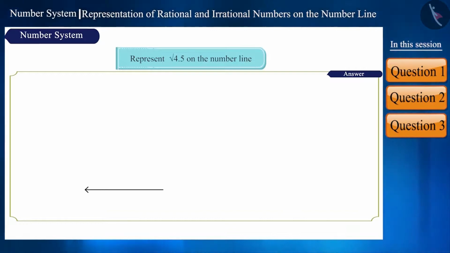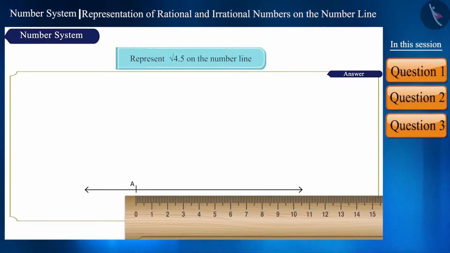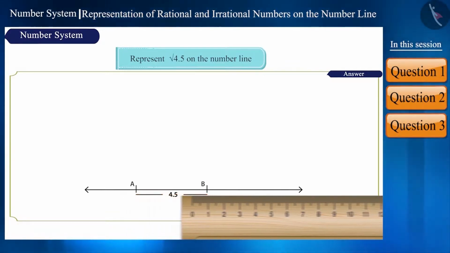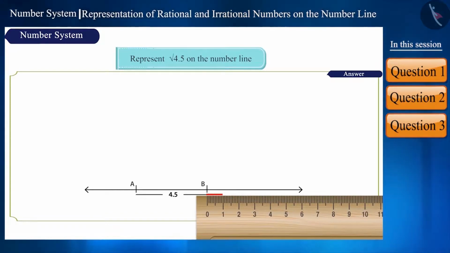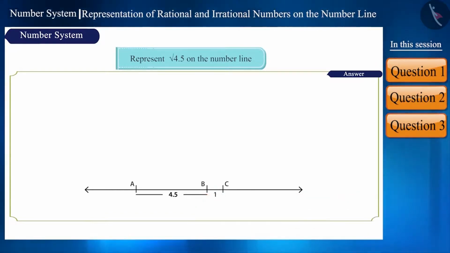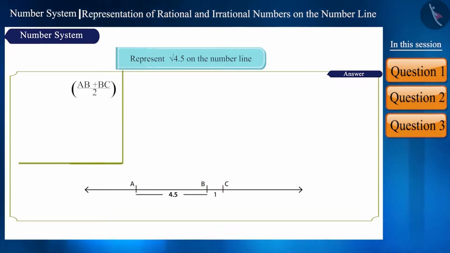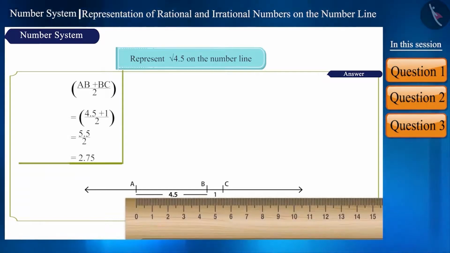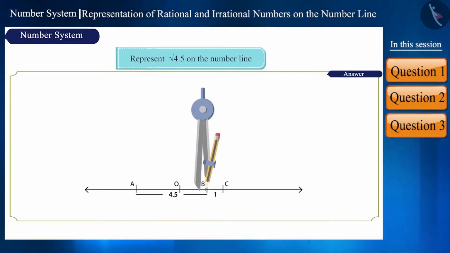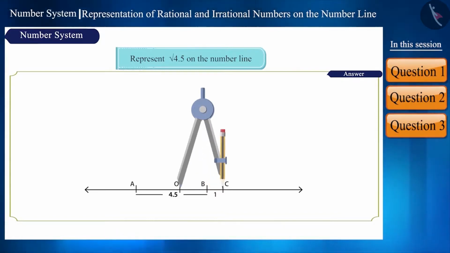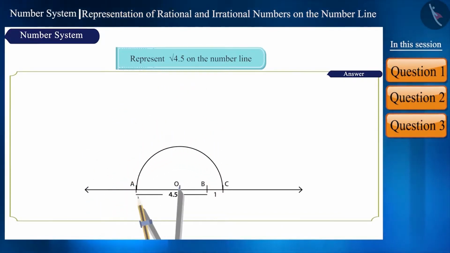On a line, take point A and B such that the distance between points A and B is 4.5 units. Now, from point B at a distance of 1 unit, mark a point C on the number line. Now find the midpoint of line AC which will be AB plus BC divided by 2. Here we get O. Now taking O as the center, draw a semicircle using a compass.